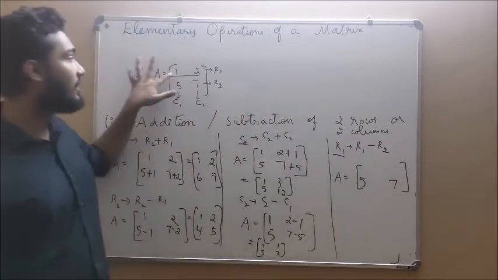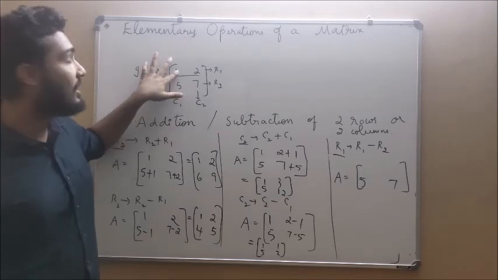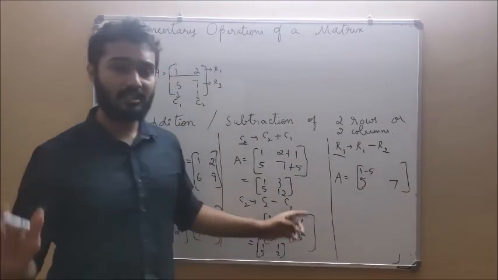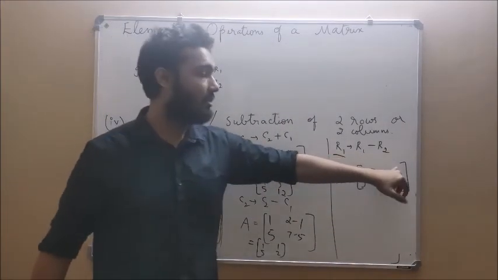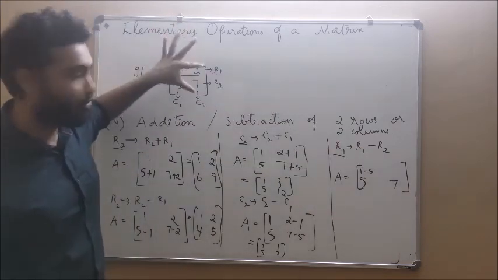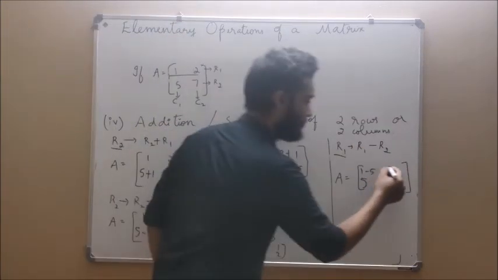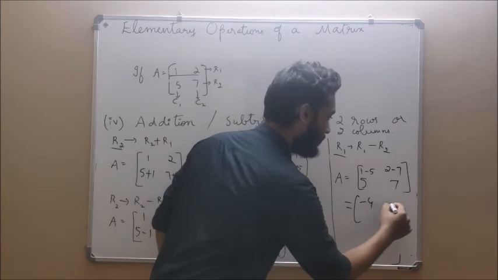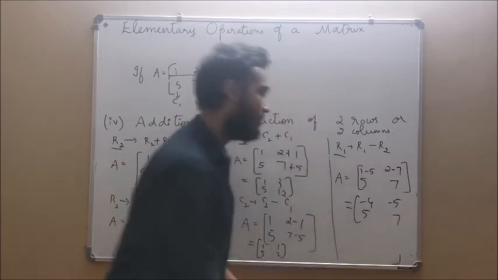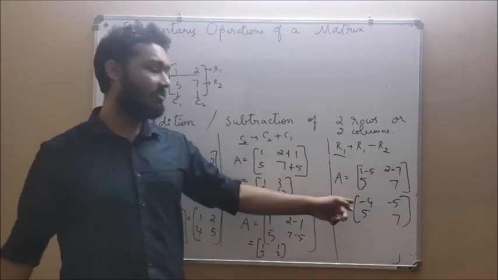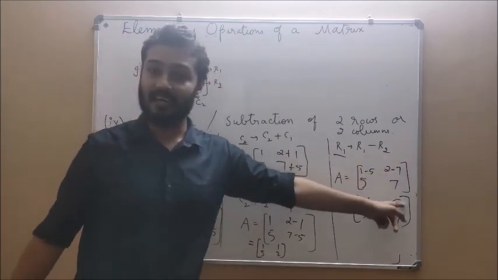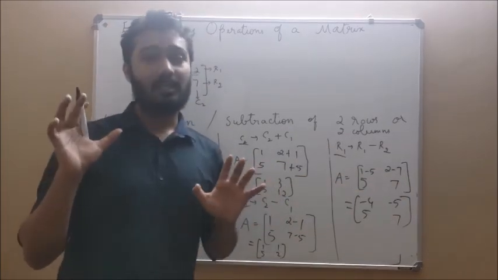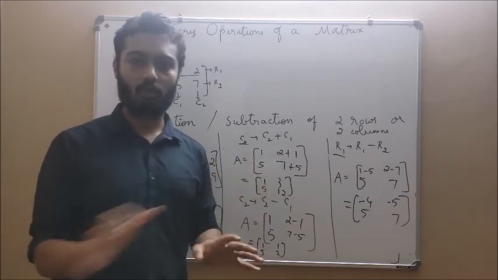What is the R1 element here? 1. What is the R2 element here? 5. So 1 minus 5. Next, the corresponding elements are 2 and 7, so 2 minus 7. So 1 minus 5 is minus 4, 2 minus 7 is minus 5, and R2, 5 and 7, remains as it is.